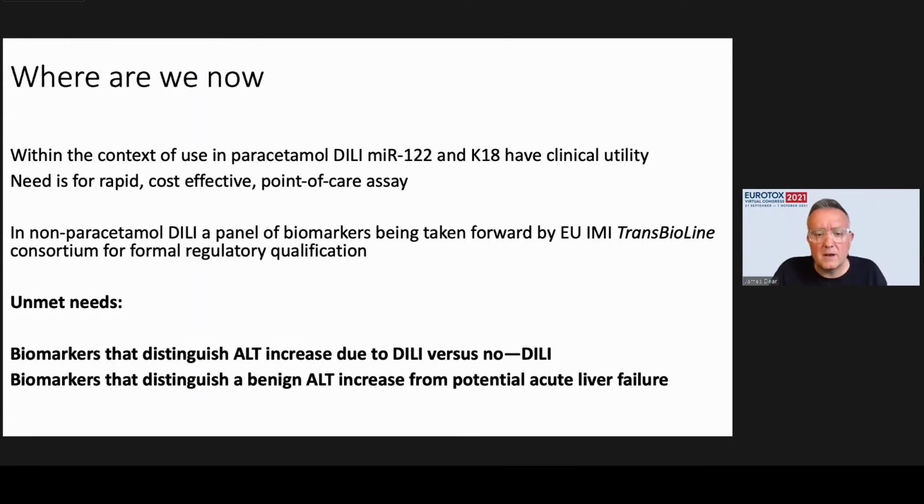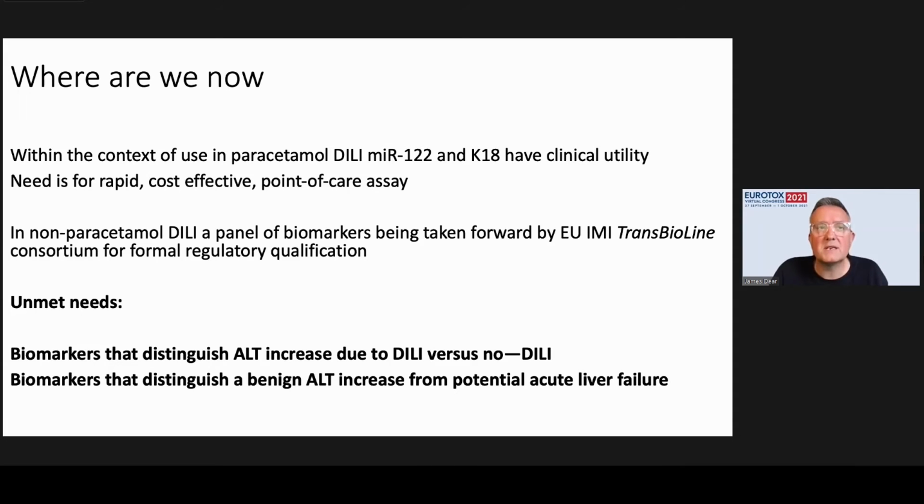So I think within the context of use I've described, early stratification of paracetamol injury, MIR-122 and keratin 18 have clinical utility. But what we need now are rapid, cost-effective point-of-care assays that we can take into emergency departments and actually test whether the measurement of these biomarkers in real time has an effect or could have an effect on patient outcomes.